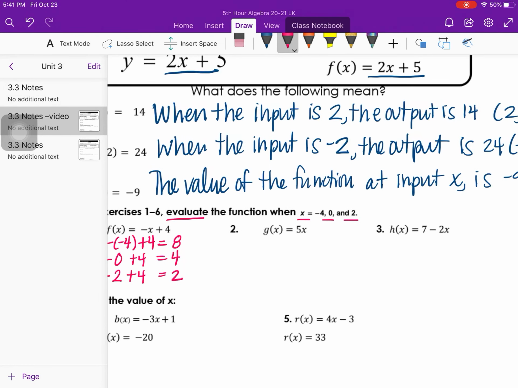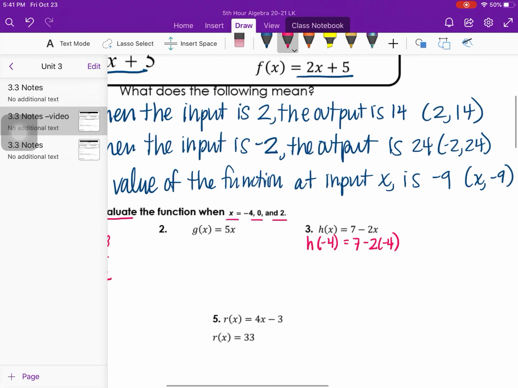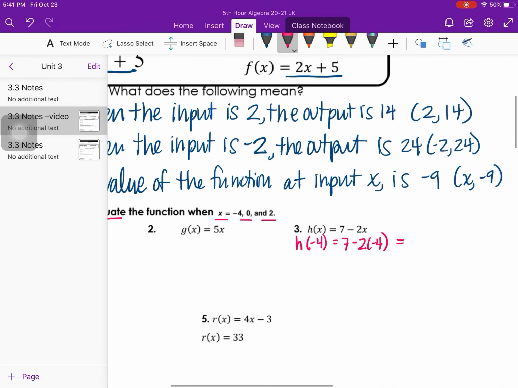Let's do 3 together. So now h of x, we'll put -4 in for x. 7 minus 2 times -4. That's 7 minus -8. So 7 plus 8, that makes 15.